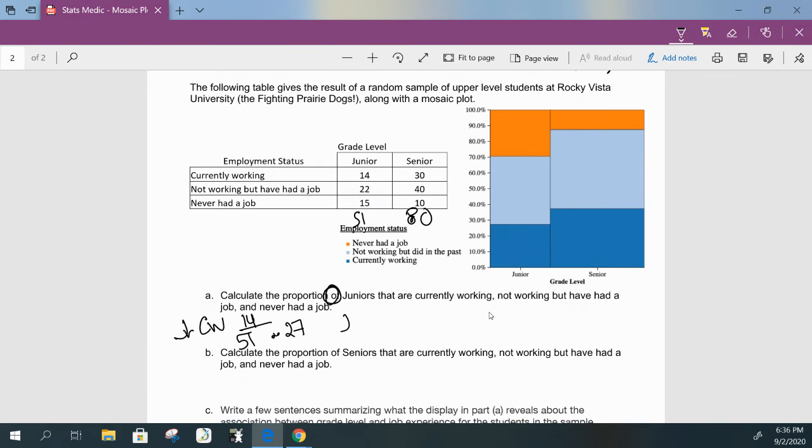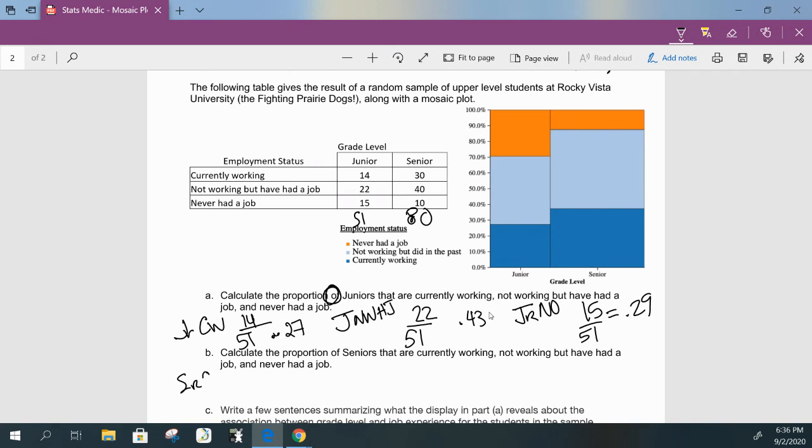And then we want juniors that are not working but have had a job. That is 22 out of 51, which is approximately 0.43. And then we are also looking at juniors that have no job and never have had one. And there were 15 out of 51, which was 0.29. And we're going to repeat that process for the seniors.